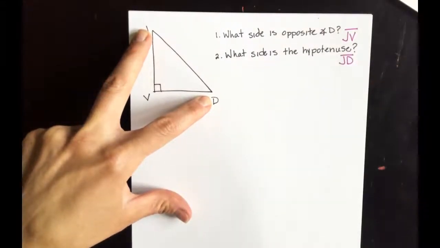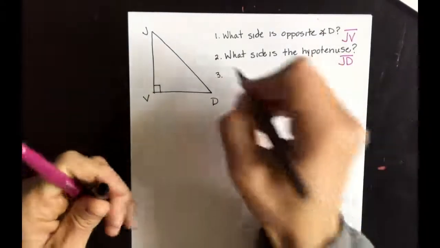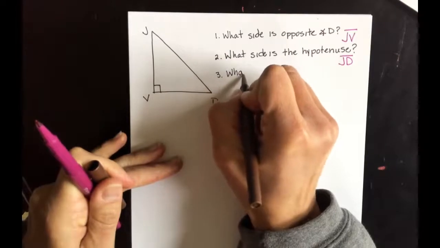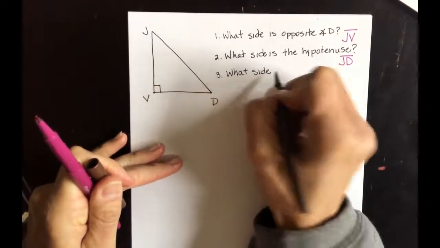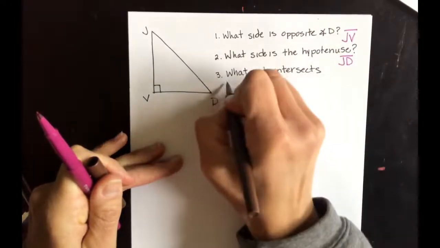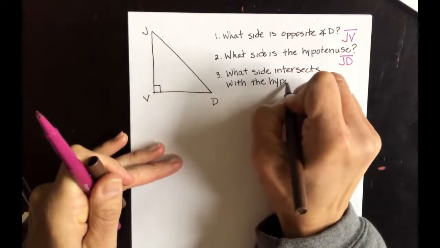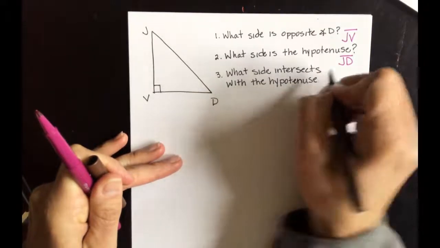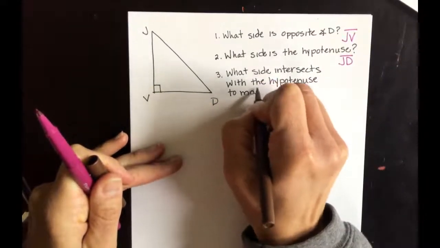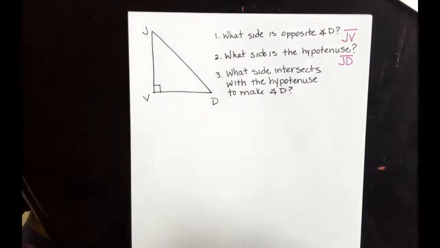JD is the hypotenuse. So I'm going to then ask this third question, and it's what side intersects with the hypotenuse to make angle D, which obviously then narrows our choices down, but it's a good way to look at the next word that we're trying to bring in here.